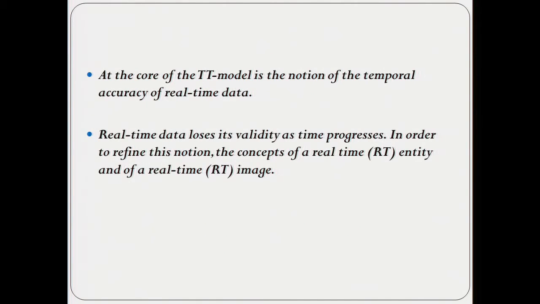So again, the notion of the temporal accuracy of real-time data is key. When you decide, for example, on the TDMA schedule, you have to make sure that the schedule, the round of information, is short enough so that the data I'm working with are not stale. Because it may very well happen that a node is sensing something, for example, that the engine is on fire.